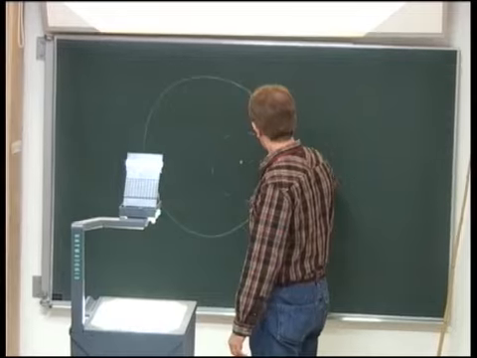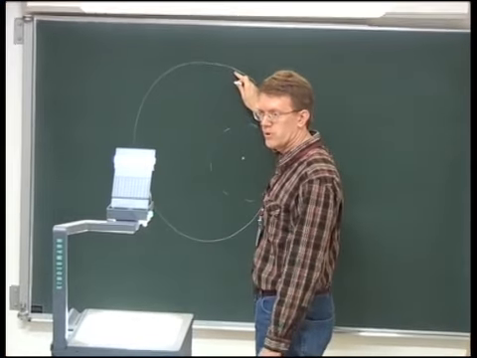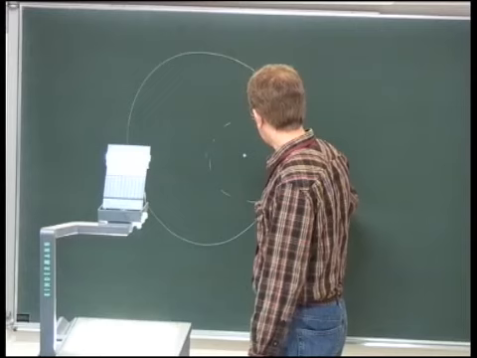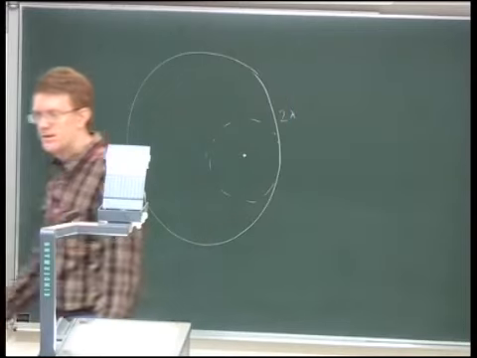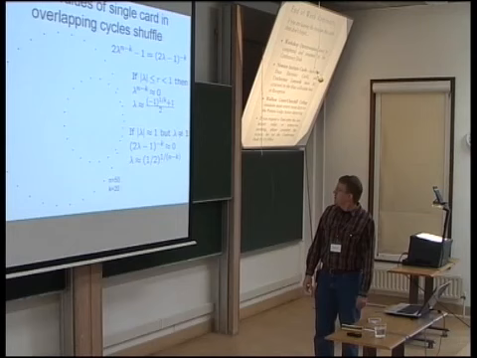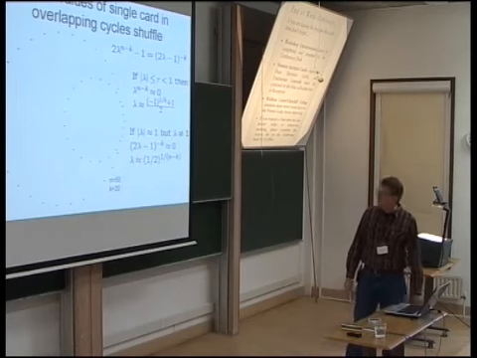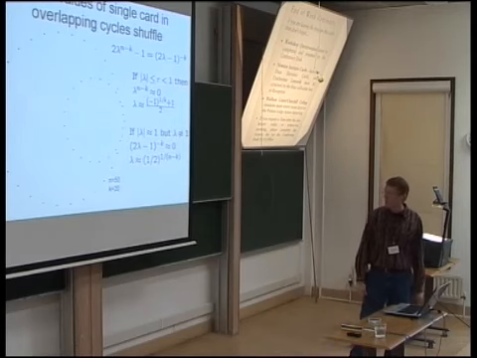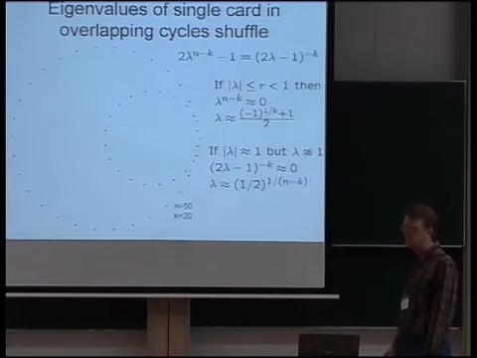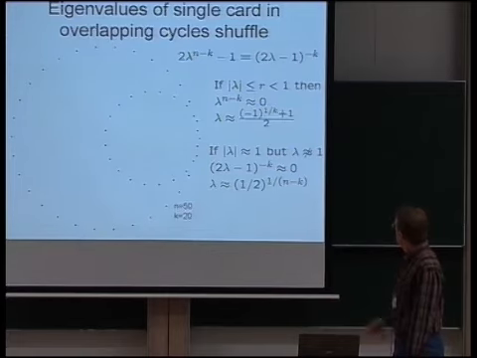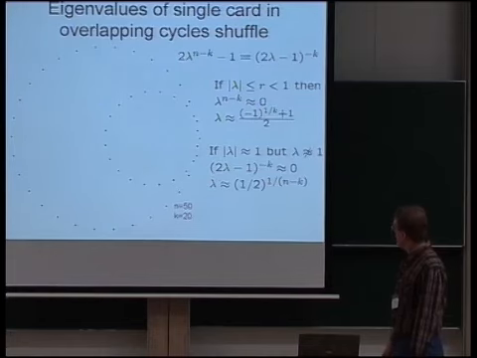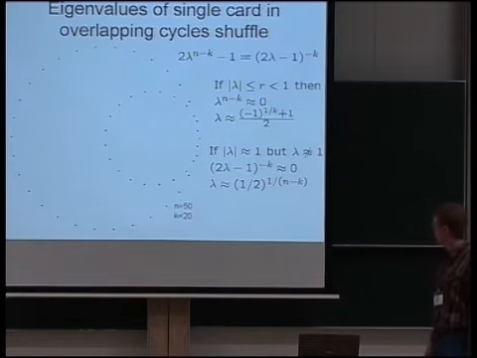Every point on this outer circle has modulus bigger than 1, except for the points that are very close to 1. So this 2 lambda minus 1 to the minus k is going to be exponentially close to 0 as long as lambda is sufficiently far from 1. And so if we substitute that into the equation, we see that lambda is approximately the n minus kth root of a half.